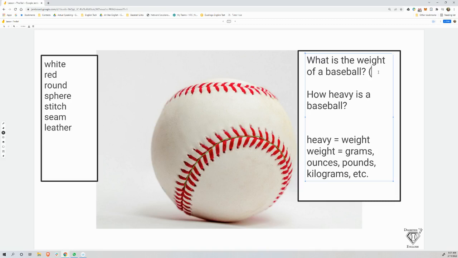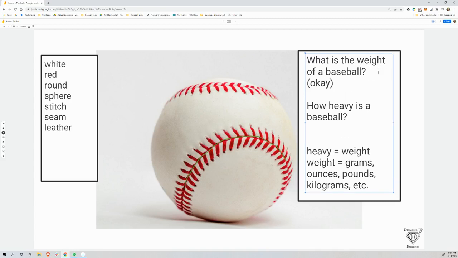So this is okay. But this question is better. All right? Because only 5 words.